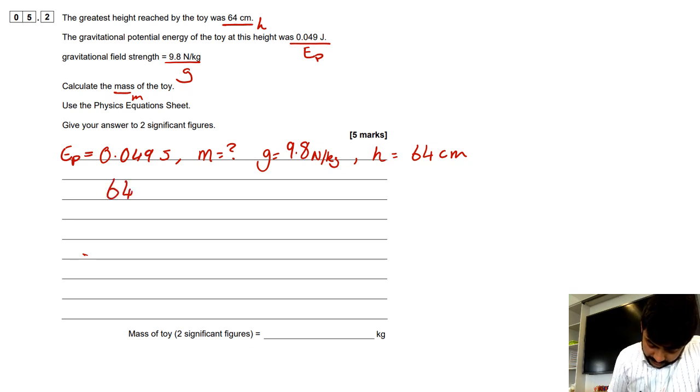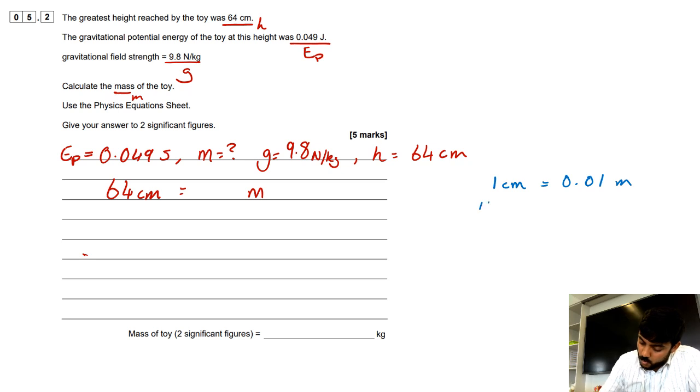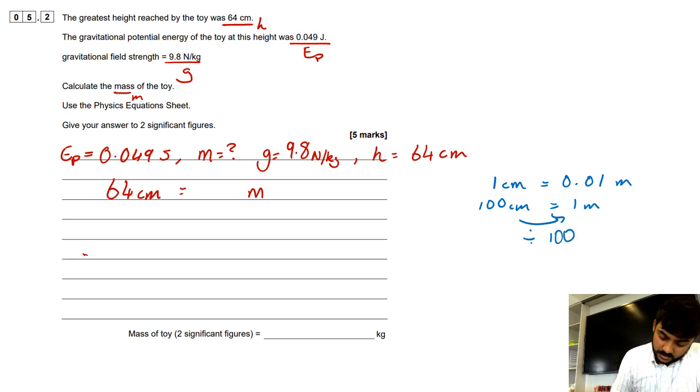So 64 centimeters is equal to what in meters? 1 centimeter is equal to 0.01 meter, or 100 centimeters is equal to 1 meter. Dividing by 100 is what we have to do. Divide by 100, and the answer is 0.64 meters.